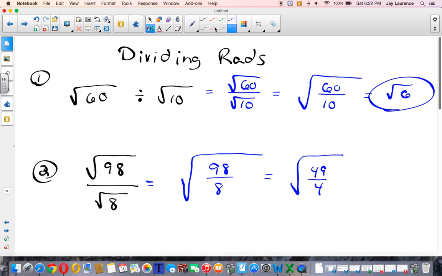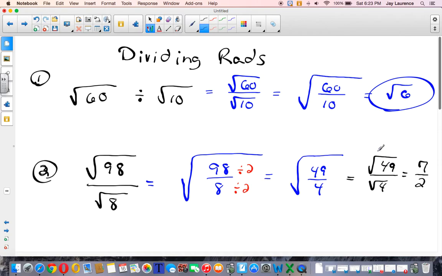If I divide both by 2, see how I did that? I found the common factor of 2. Okay, now if you want, you can rewrite it as two separate problems. Rad 49 over rad 4, and then you can say, oh, well, that's 7 halves. Yeah, or 3.5. That's what this equals, 3.5, believe it or not, or 7 halves.